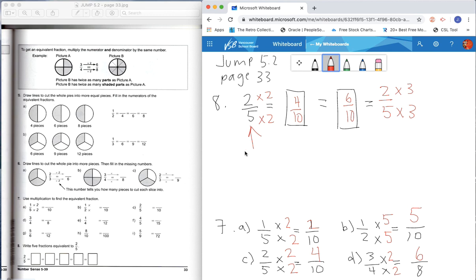I would take 2/5 times 4, both top and bottom, and then keep going from there on. Okay, so remember, you can choose any number you want as long as you multiply both the top and the bottom by the exact same number. Okay, so you have to find 5 equivalent fractions.